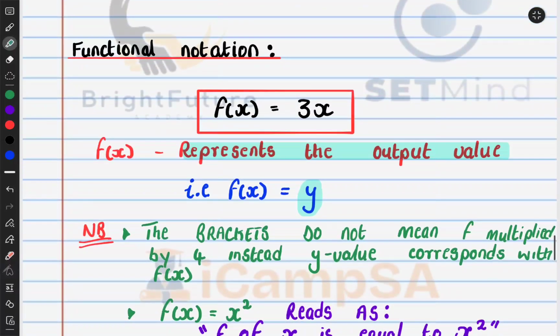Another important thing to note is that the brackets that you see in the notation f of x do not represent multiplication.